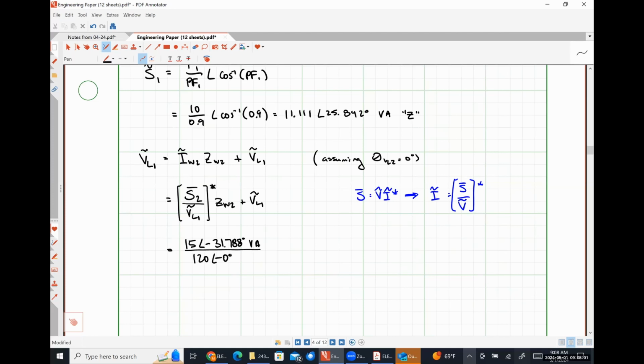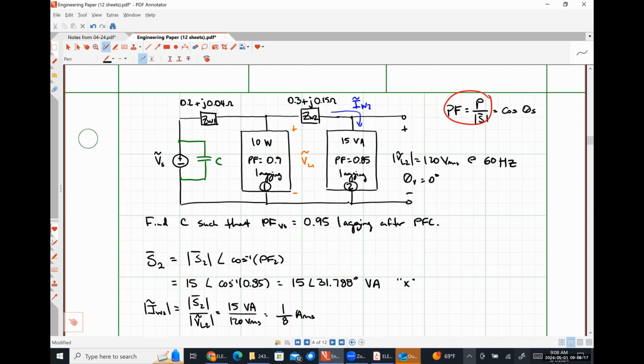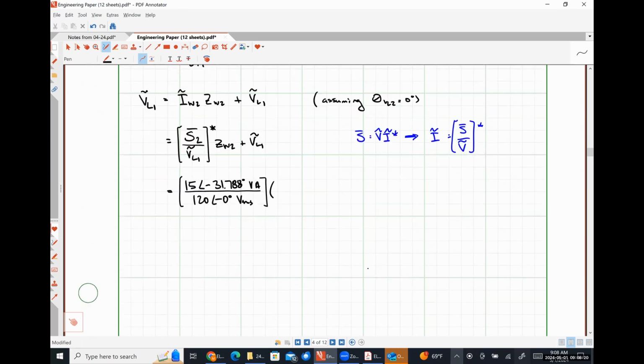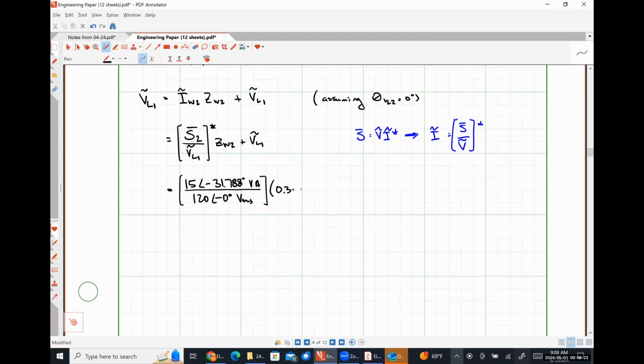I'm going to put negative 0 degrees here, just so that we're aware we're conjugating both the numerator and the denominator. This gets multiplied by the impedance ZW2, which is 0.3 plus j0.15. And then to this we add 120 angle 0 degrees volts.